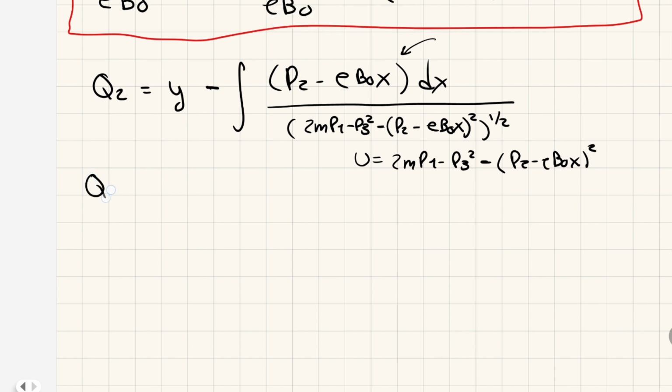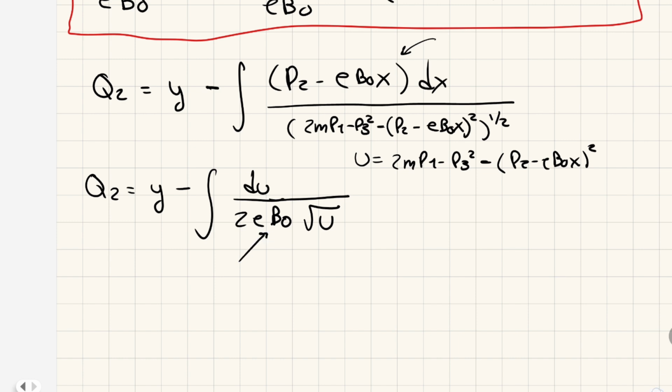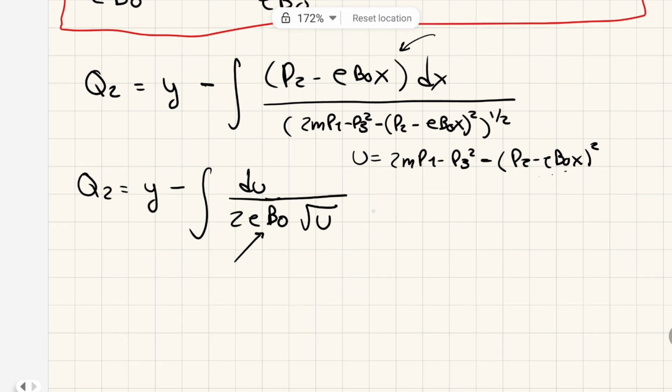So this integral becomes of the form du divided by 2eB0, and here we will have something like the square root of u. This element appears because we are taking the derivative of what is inside here, that is minus eB0, and this 2 is from the minus 2 that goes down from the exponent here. So perfect, we'll have a very easy integral.